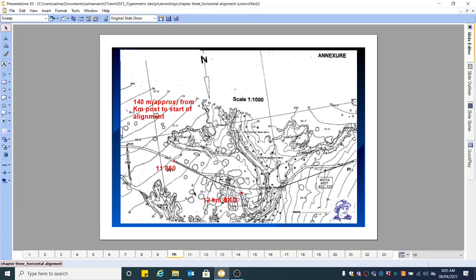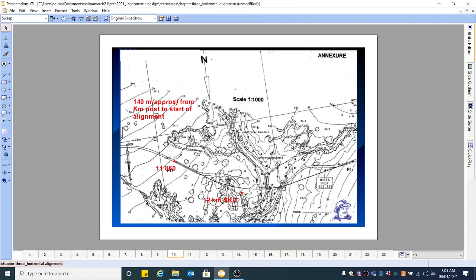There's approximately 140 meters from the kilometer post to the start of the alignment. How do we know this? Because we took a scale rule and we measured.